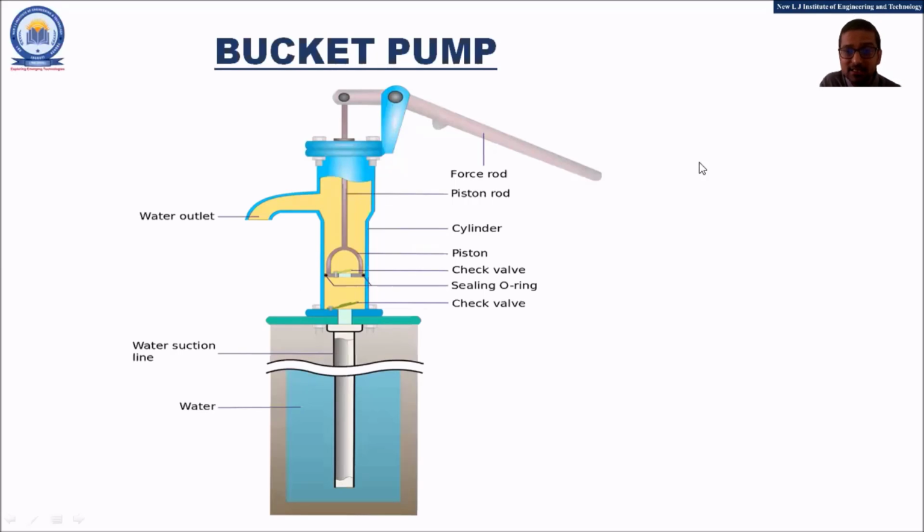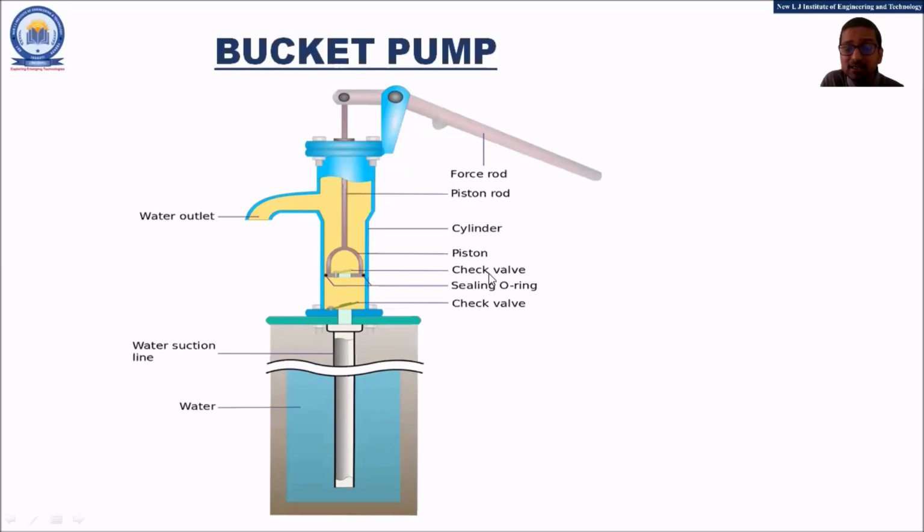Remember friends, in this diagram I have used some different terminologies as compared to your textbook terminology. But understand the concept perfectly, then there will be no issue. In this pump, on the piston, we are having a different type of valve. In my case, it is written check valve.